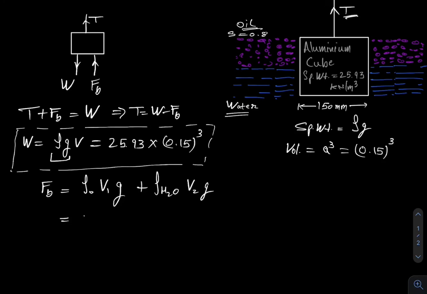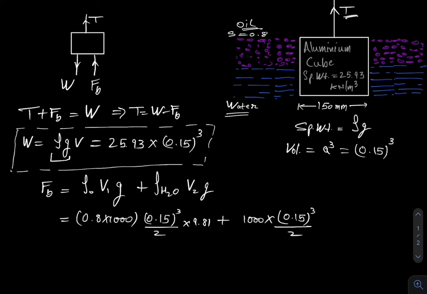What is the rho of oil? Rho of oil is 0.8 into 10 raised to power 3, into 1000, 0.8 as the specific gravity of oil is given, into 0.15 cube, which is the volume of the cube, divided by 2, as half of the volume is submerged in oil, into 9.81, the value of g, plus rho of H2O, which is 1000 kg per meter cube, multiplied by the same volume, 0.15 cube divided by 2, as half of the volume is submerged in water, multiplied by 9.81.